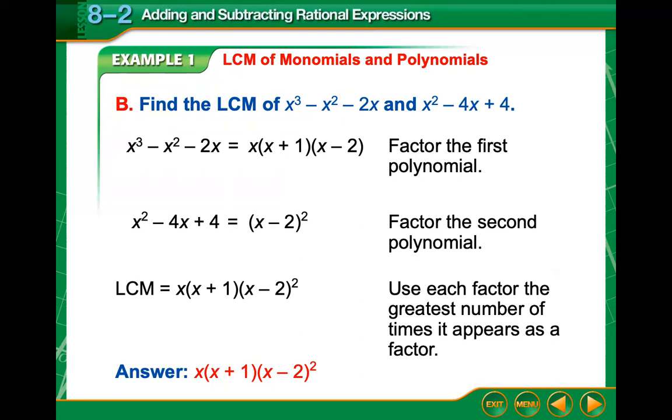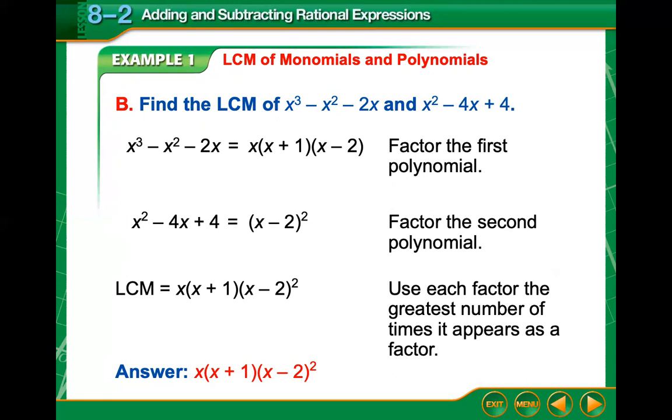All three terms have an x in common, so we factor that out to get x squared minus x minus 2, and then factor that quadratic to get x plus 1, x minus 2. Next, we factor the second polynomial, x squared minus 4x plus 4, and we get x minus 2 squared. That means it's x minus 2 times x minus 2.